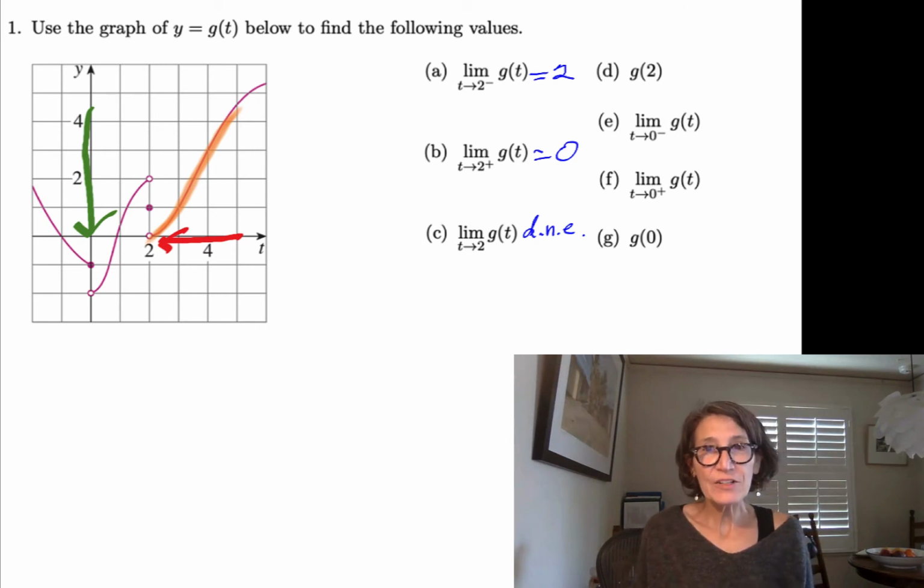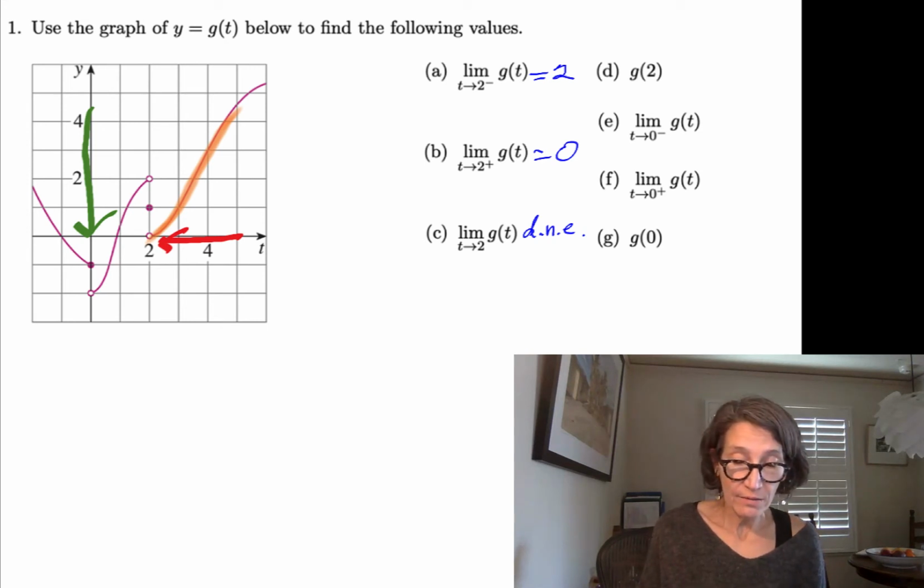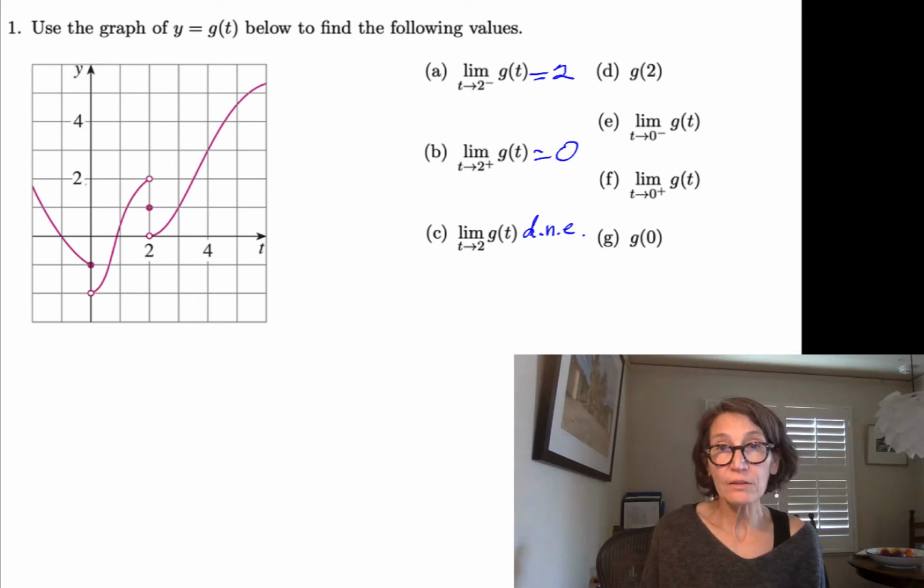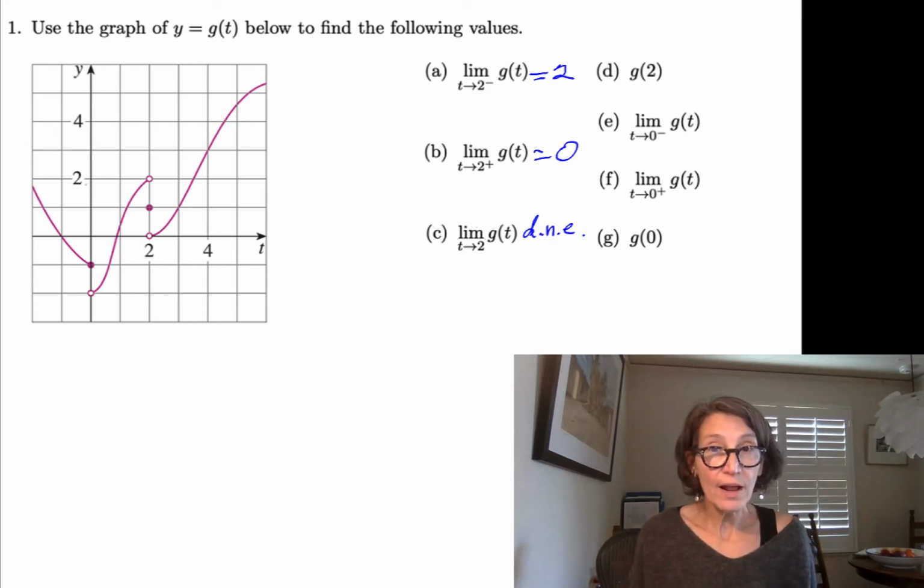All right, so now in part D, we're asked, what is g of 2? And that means, what is the value of the function when t is equal to 2? So we're looking at the graph to see if there's a point on the graph that has t coordinate 2.